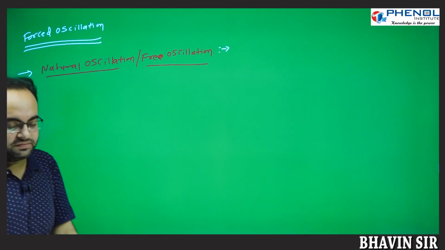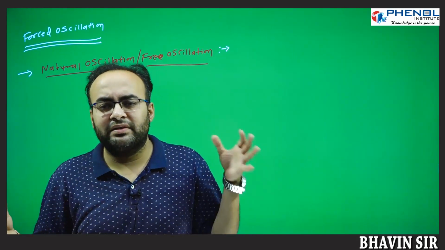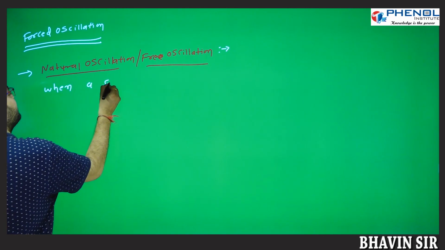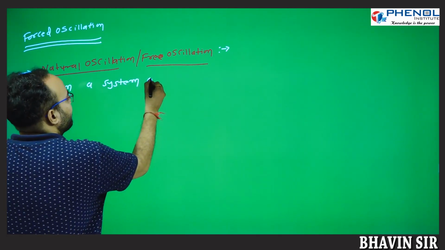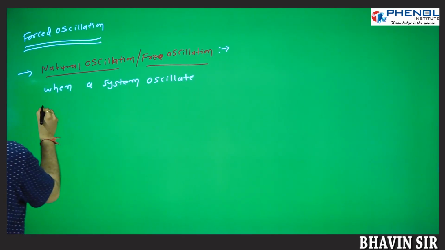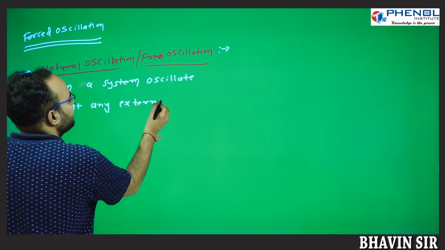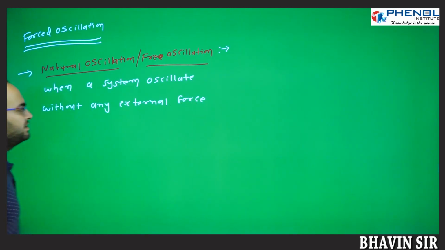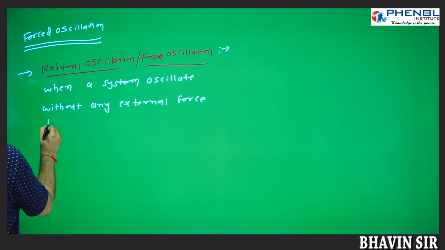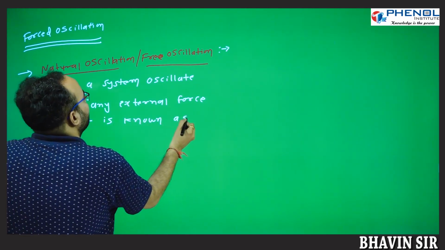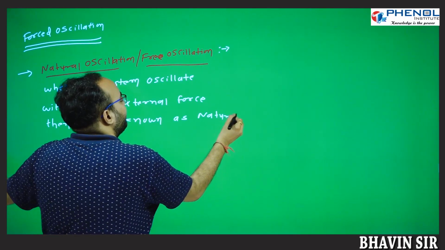When a system oscillates without any external force, then it is known as free oscillation, or natural oscillation.